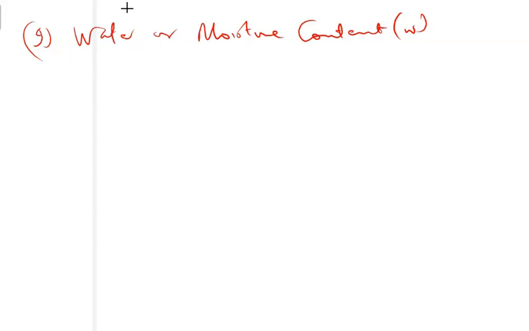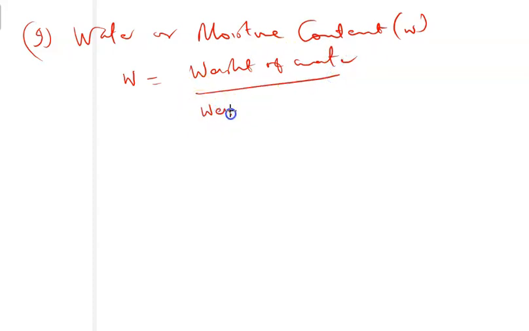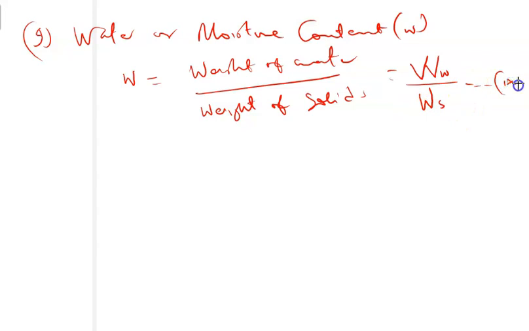So here we said mathematically the moisture content W is equal to the weight of water over the weight of solids, and this will be equal to Ww over Ws. So this one is our equation 9A.